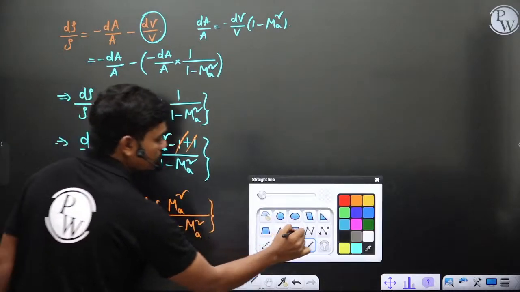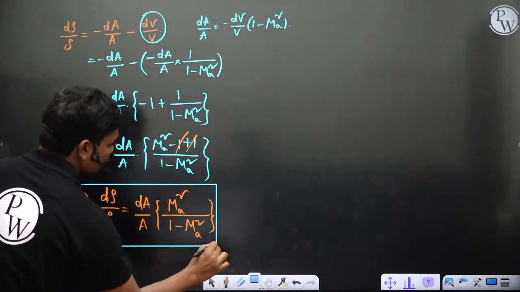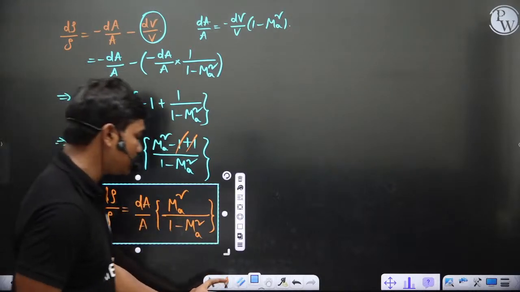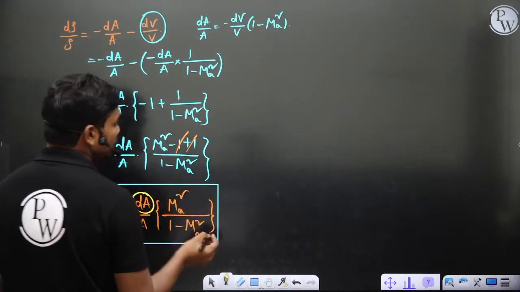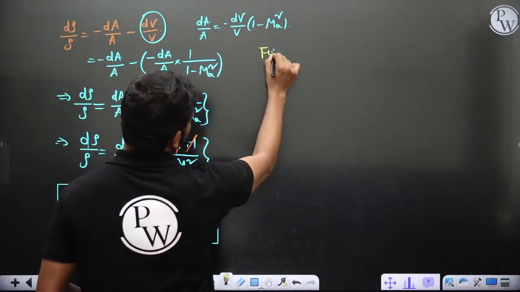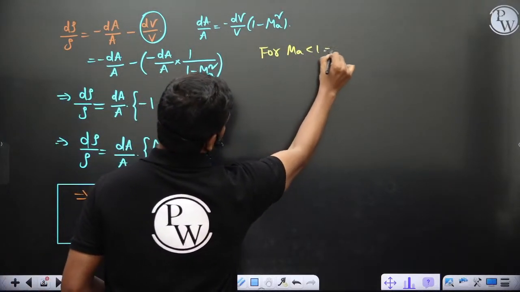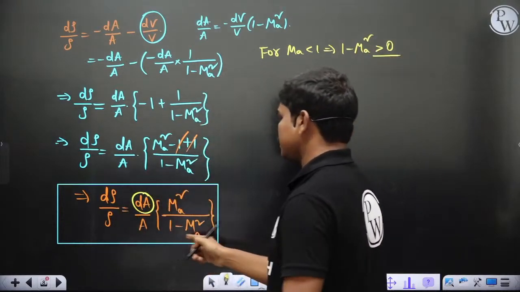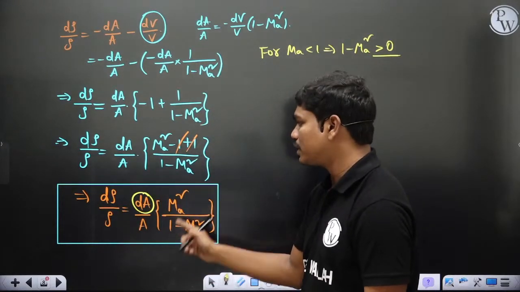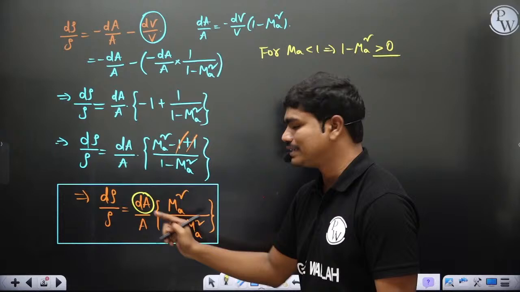So this is one relation again which you can identify, and in this equation you can see, for subsonic flows, for Mach number less than 1, you all know this 1 minus Mach square is positive. Okay, so this denominator is positive and this is a square quantity. Rho, density, area, all are positive.